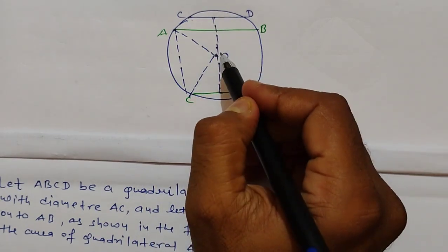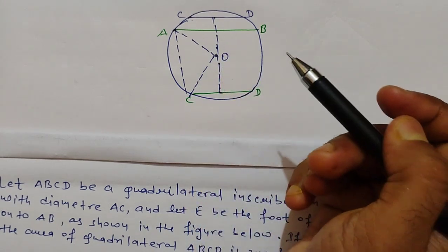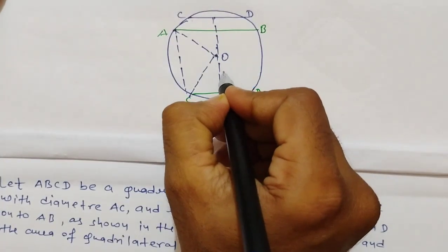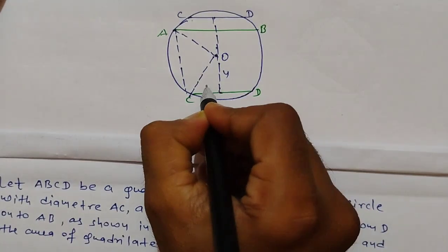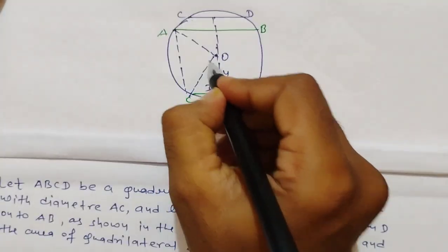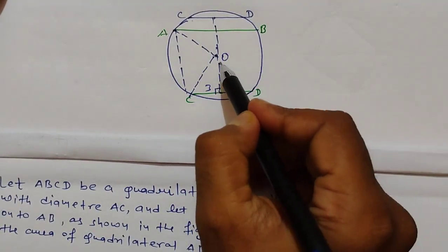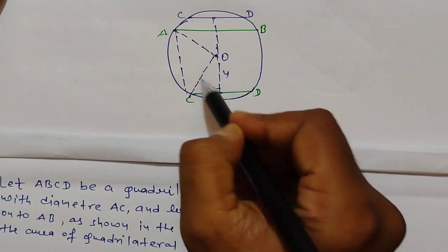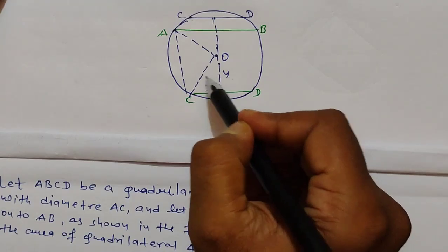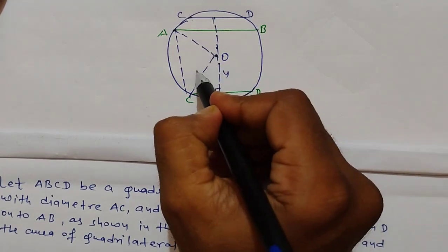So here if we are taking the values as given, like this is 4, this is 3, so from Pythagoras theorem, this is the square root of 3 square plus 4 square, that is 9 plus 16, so this is equal to the square root of 25, and the length will be 5 here.